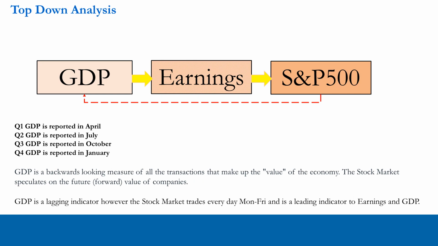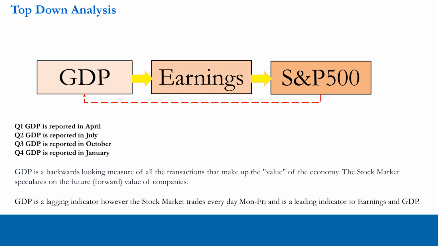However, the stock market itself speculates on the future, so forward value of companies via earnings, okay? So GDP is, by definition, a lagging indicator. However, the stock market trades every day, Monday to Friday, and is therefore a leading indicator to earnings and GDP.